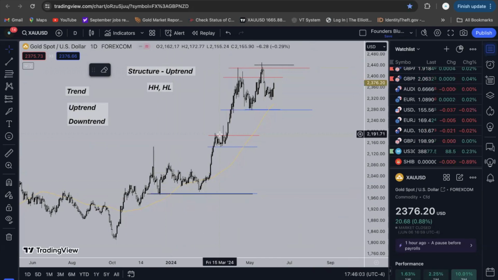This is our higher high. This is our higher low. This is our higher high. This is our higher low. This is our higher high. Make sense? Mm-hmm. All right.